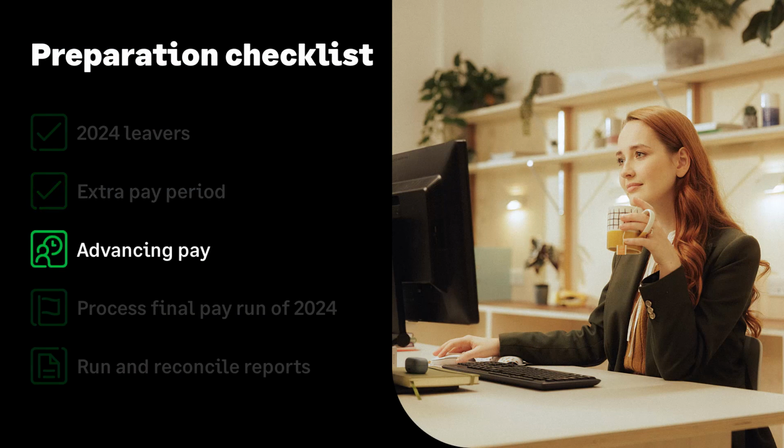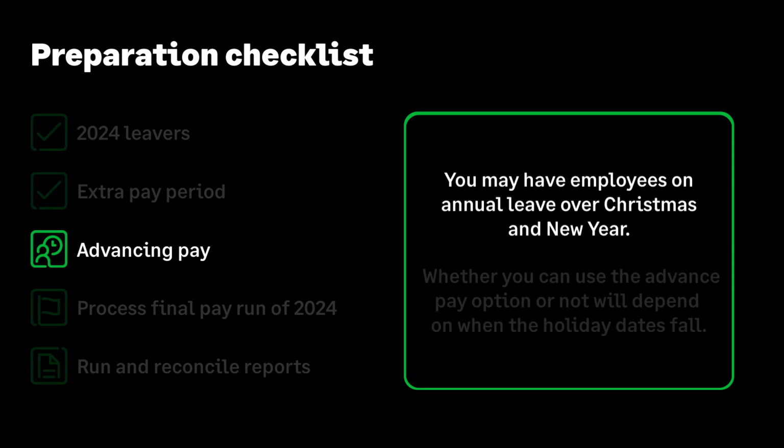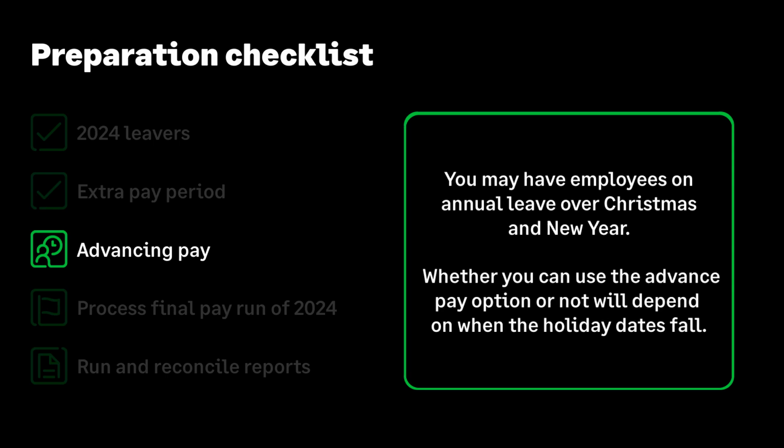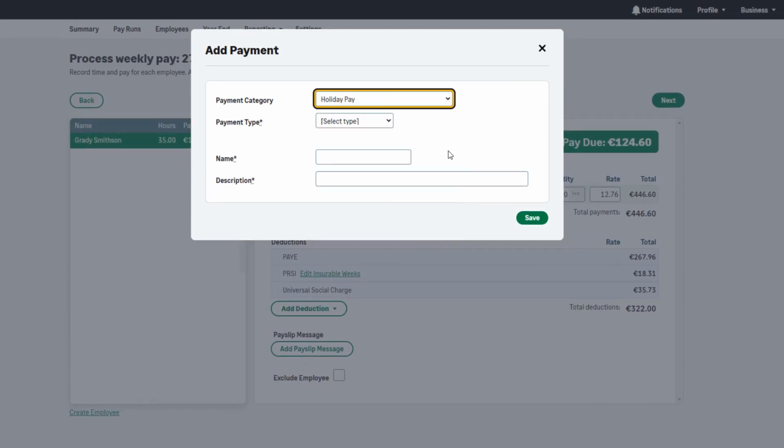Let's move on to advancing holiday pay over year end. As year end falls over Christmas and New Year, it's likely that you'll have employees on holiday at this time. Whether you can use the advanced pay option or not will depend on when the holiday dates fall. You can use the advanced pay option if the advanced pay period covers any weeks up to and including week 52.